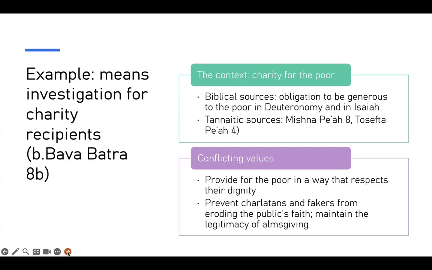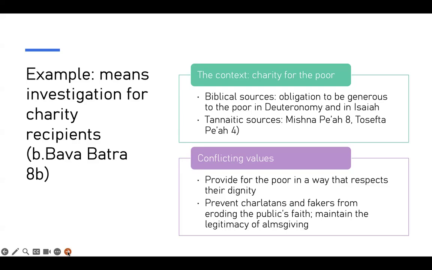The context of charity of the poor in our discussion today presents two conflicting values. On one hand, we're being encouraged to provide for the poor in a way that respects the poor person's dignity, right? Not to shame people when we're giving them charity. On the other hand, we want to make sure that our generosity is not being exploited, that the people who are asking us to give a donation are not charlatans, are fakers who are taking away from our public reservoirs and taxing the community.